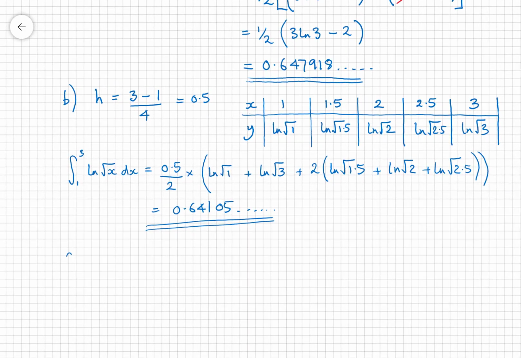Finally, we were asked to find the percentage error. And to do this, we need to work out the actual difference between the true value and our estimated value.